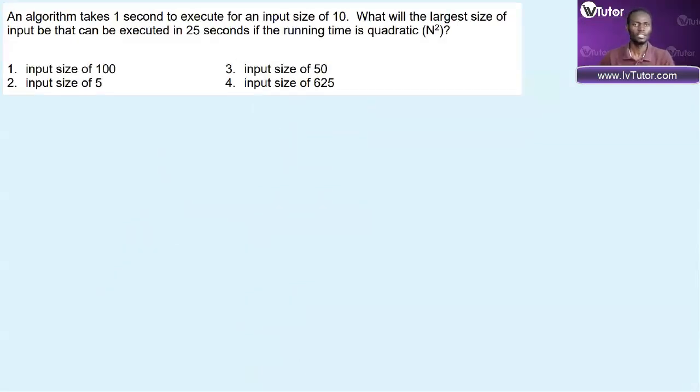Here's another one. An algorithm takes a second for an input size of 10. Our running time is quadratic. They don't always give you n squared. Sometimes they simply say it's quadratic and then they stop there. You have to remember a quadratic equation, highest power is n squared, right? So if they say it's quadratic, then n squared. If they say it's cubic, then to the power 3, right? So don't forget that.